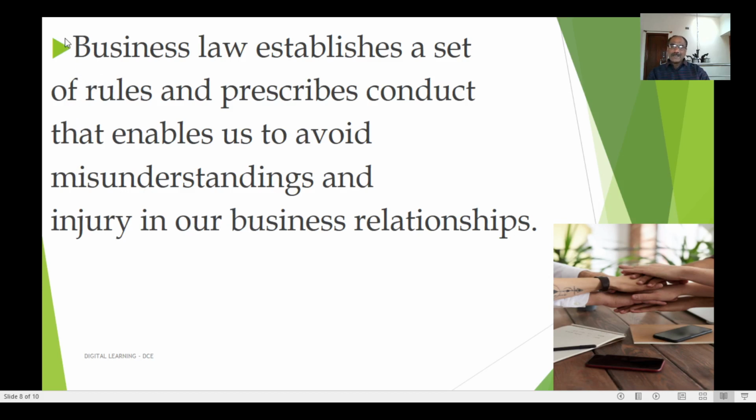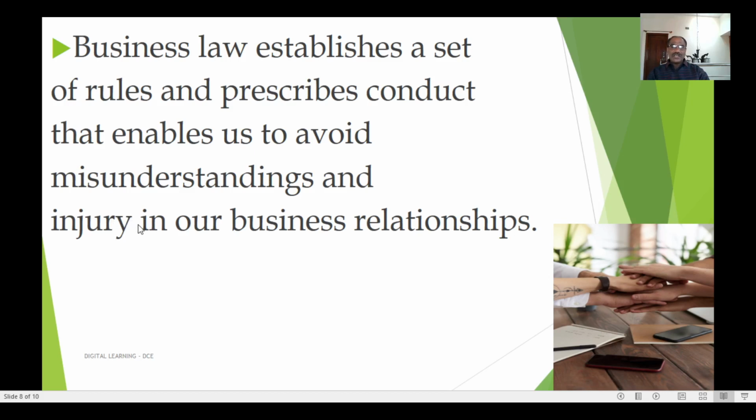That is, business law establishes a set of rules, it formulates a set of rules, and those rules prescribe how to conduct business, and they enable us to avoid misunderstandings between people, and also injury in our business relationships.